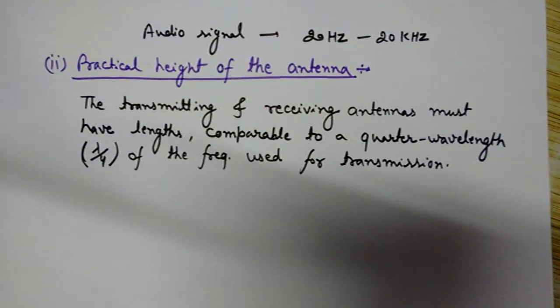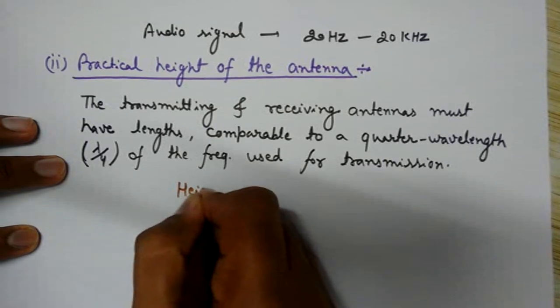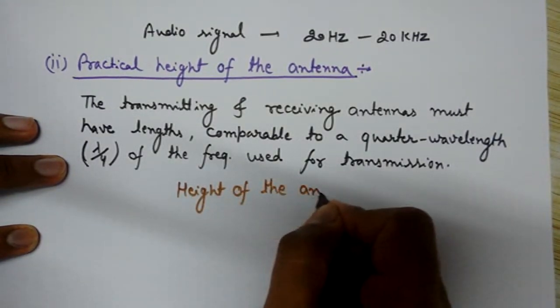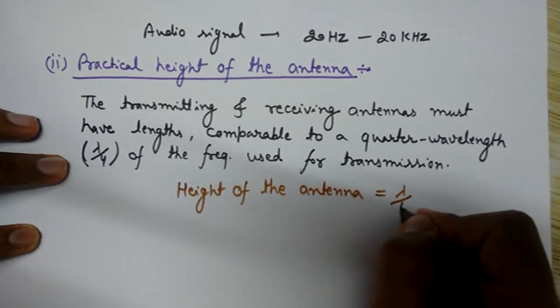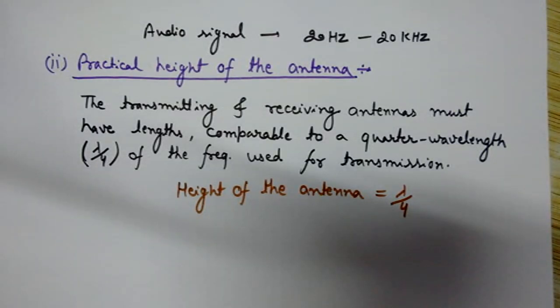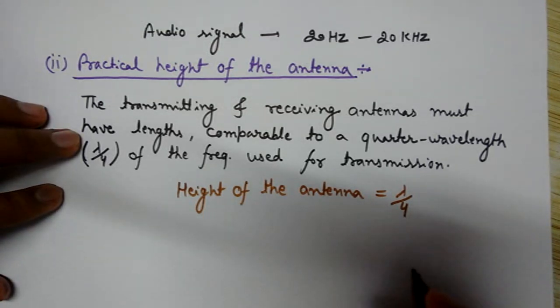So the height of the antenna should be lambda by 4. Here, what is lambda? Lambda is the wavelength of the signal that is used for the transmission purpose.